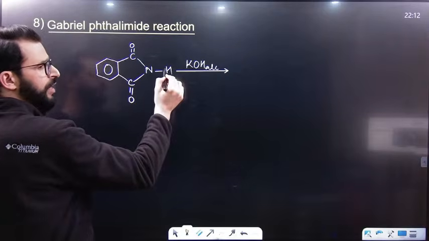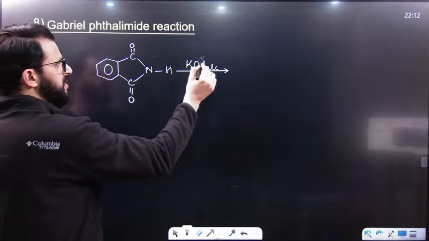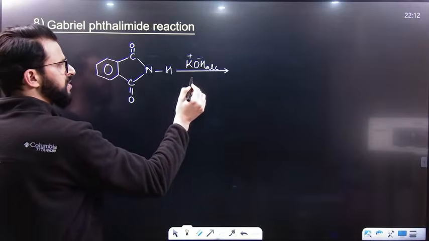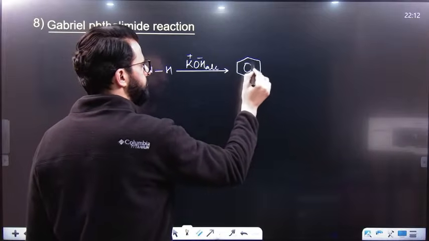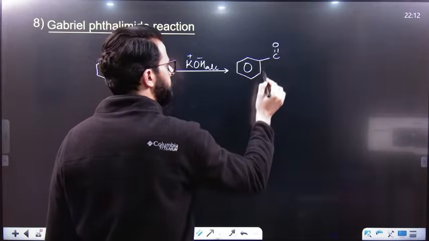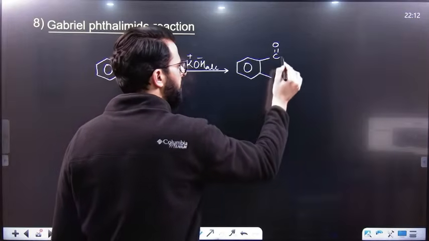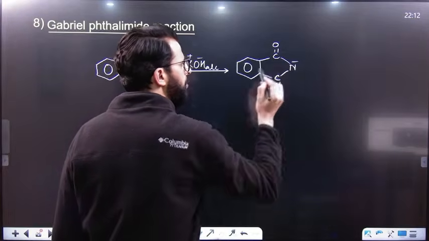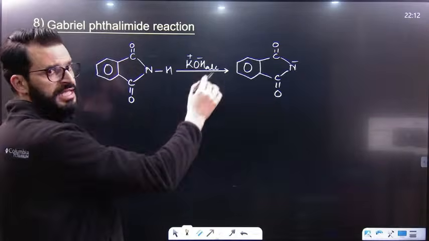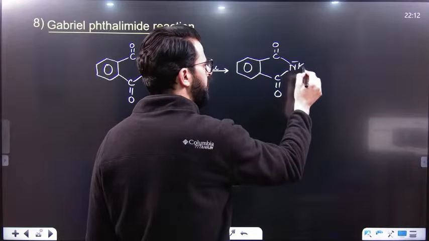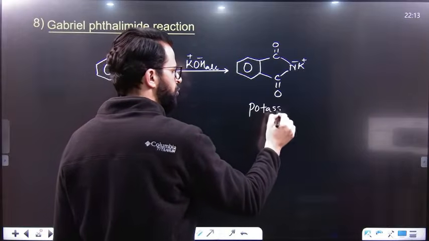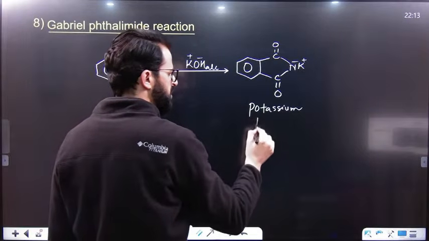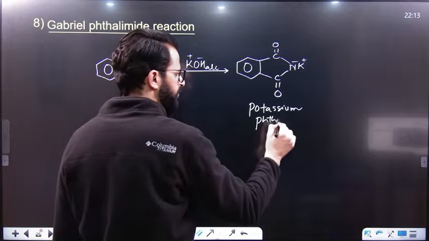This base will abstract this H. So this is negative, this is positive. The base will abstract this H. After that, it will result in the formation of this one: C double bond O, then C double bond O, then N having a negative charge, because H has been lost as H positive. Now this K positive will attract. So this is potassium phthalimide.